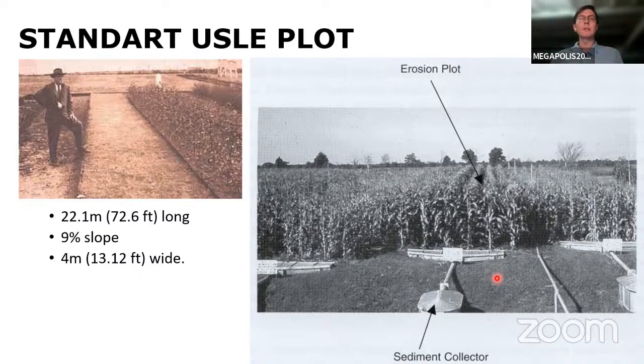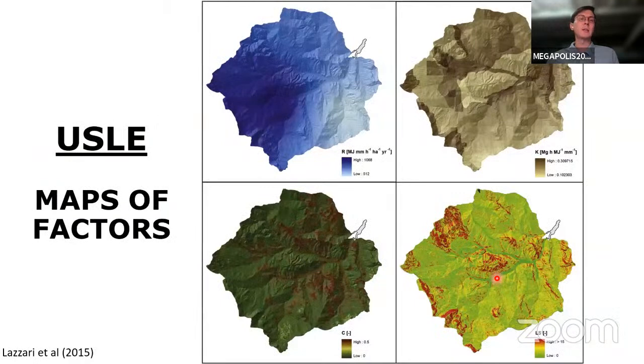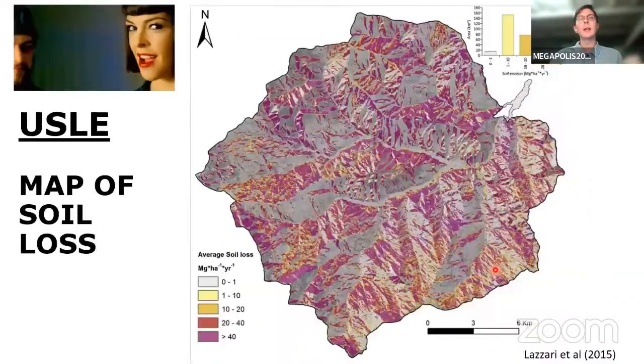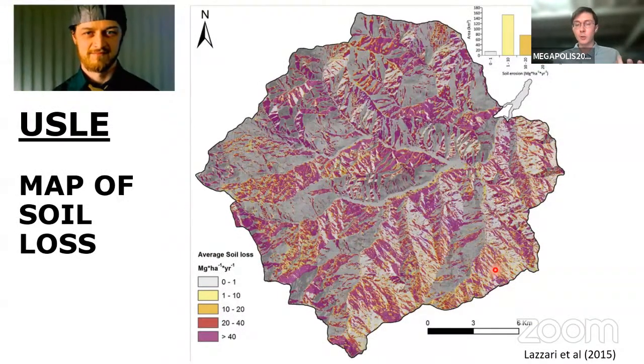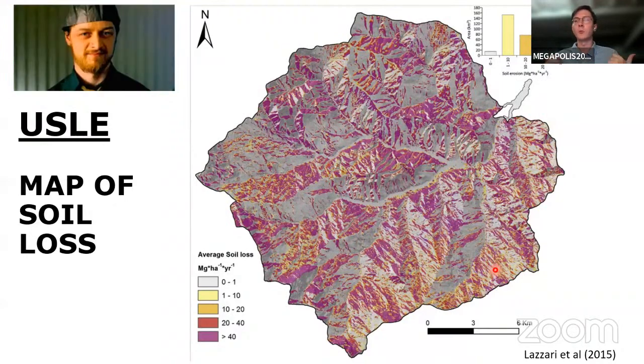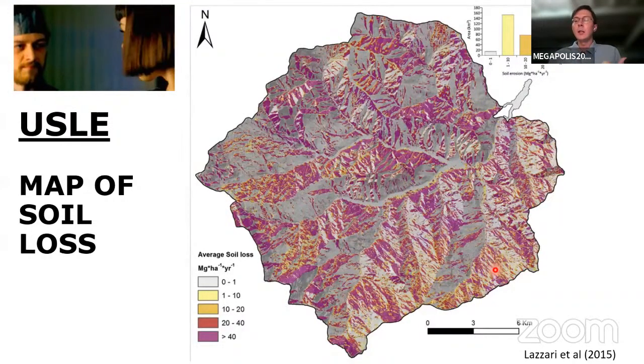Later on, all these erosion plot estimations were transferred to GIS, where using different GIS techniques we can calculate maps of different factors, and then in the raster calculator just multiply them, and voila, we receive a map of average soil loss in tons per hectare per year.